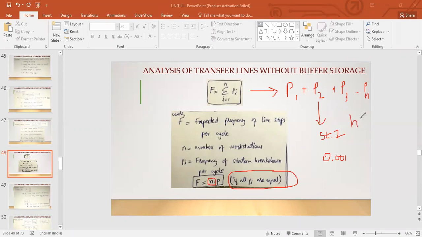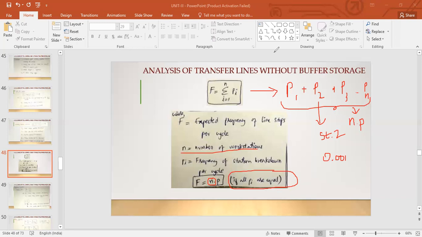So n into p, if they are all the same. This is n, not h. So this can be taken as n into p, where n represents the number of workstations, as I have written here. This is clear.